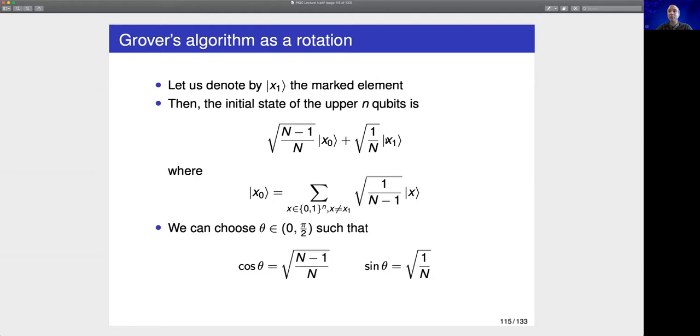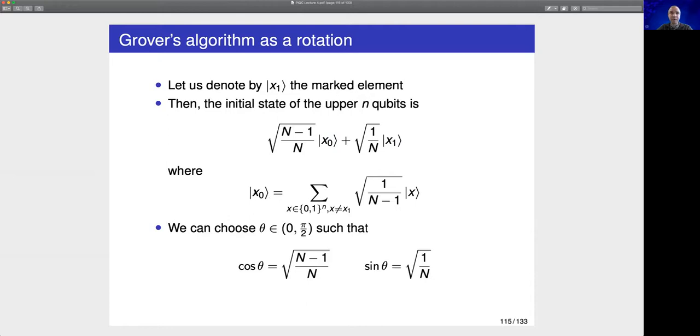But now we are going to write this in a different way. This equal superposition of the upper qubits, the input to the function, we can write it as a combination of the element that we are searching for and the rest of the elements.